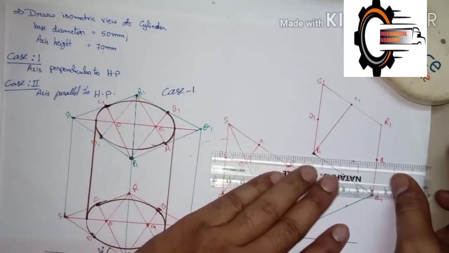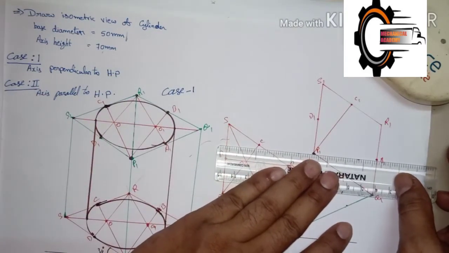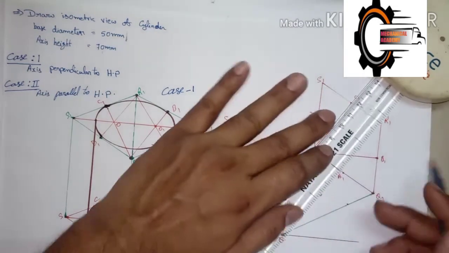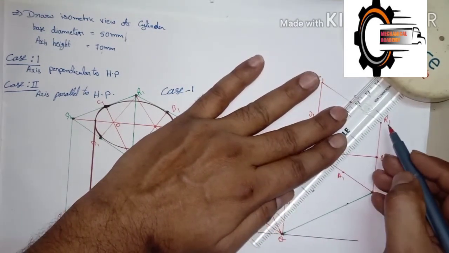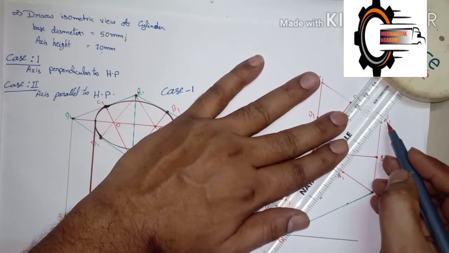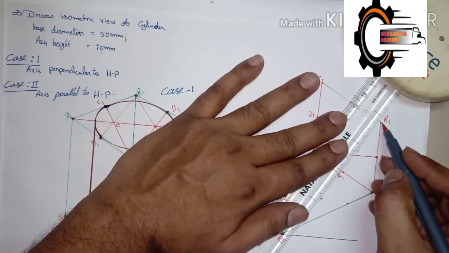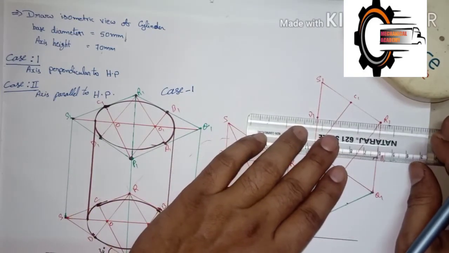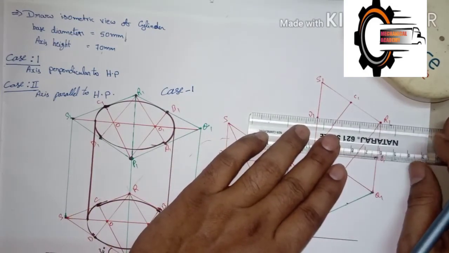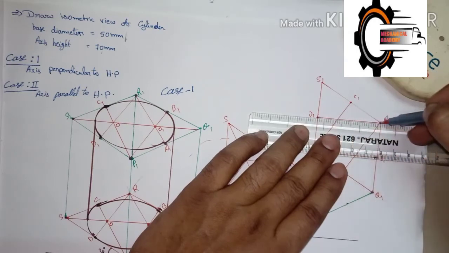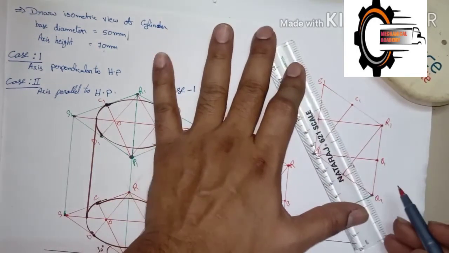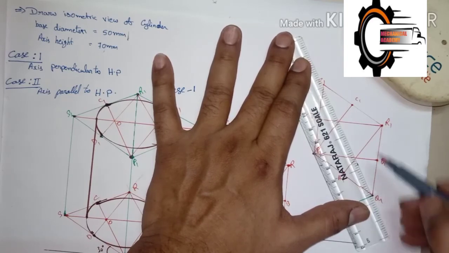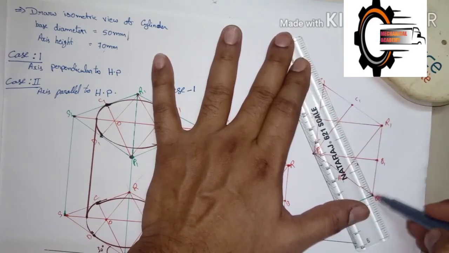P to C and P to B. So similarly from R to A, and R to D. Now join the diagonal line which passes from S to Q, like this.